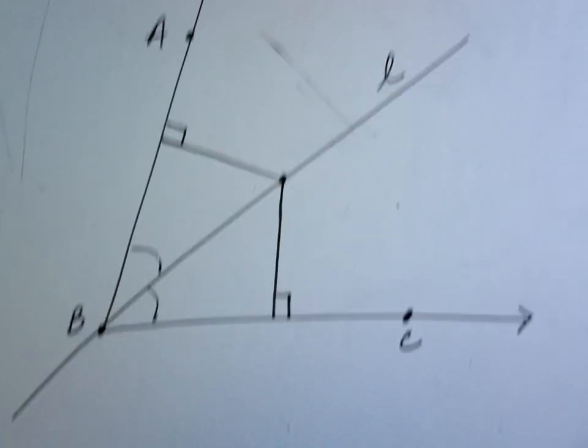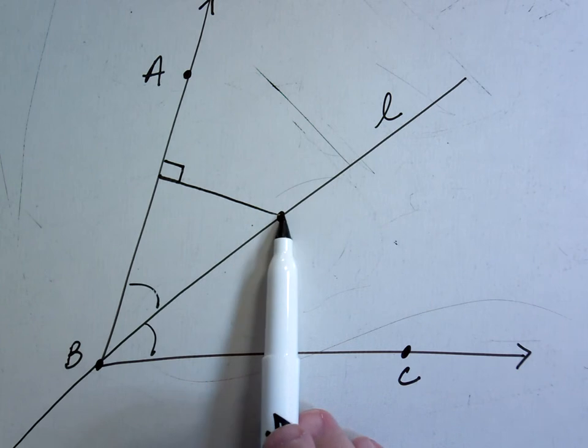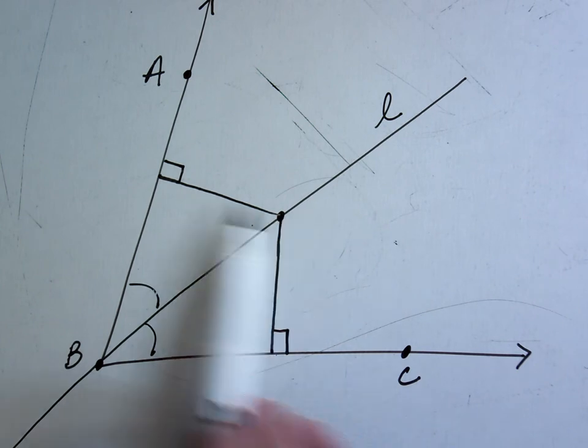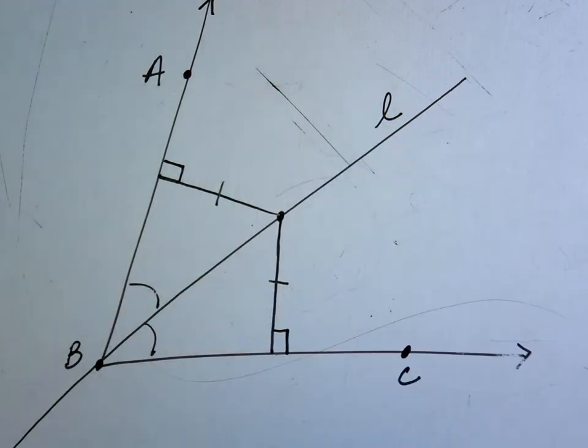And that way you know that I'm talking about these distances. This is the distance from this point to this line, distance from this point to this line. These two would be congruent. That's what the angle bisector theorem says. Of course, the angle bisector theorem converse says it backwards.